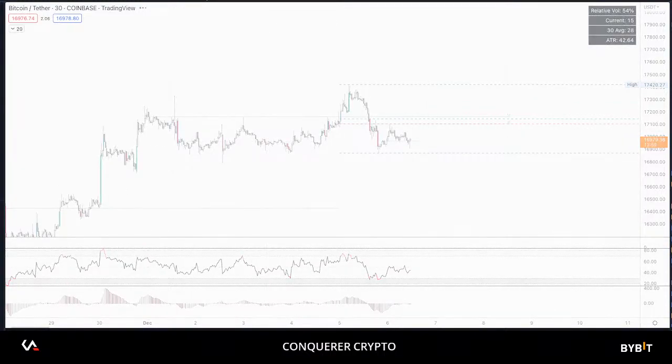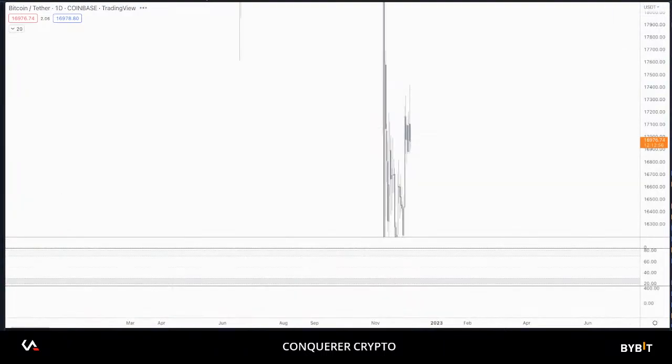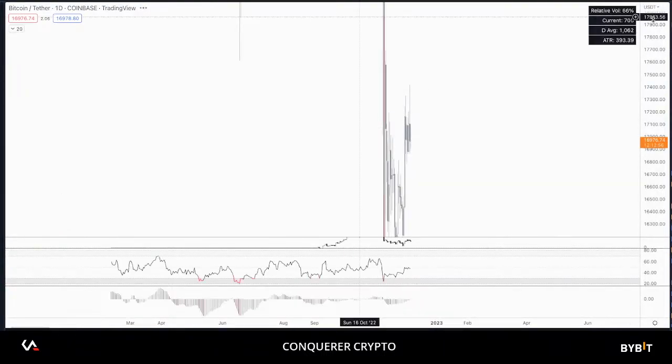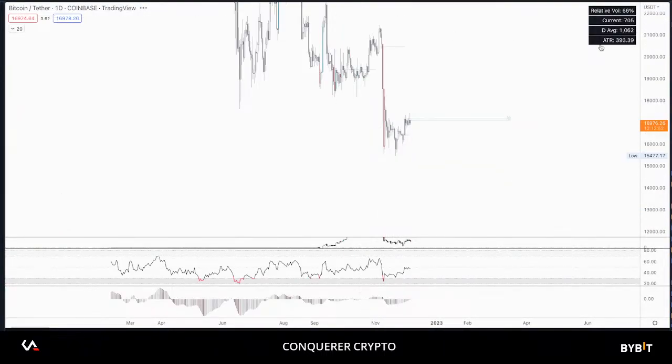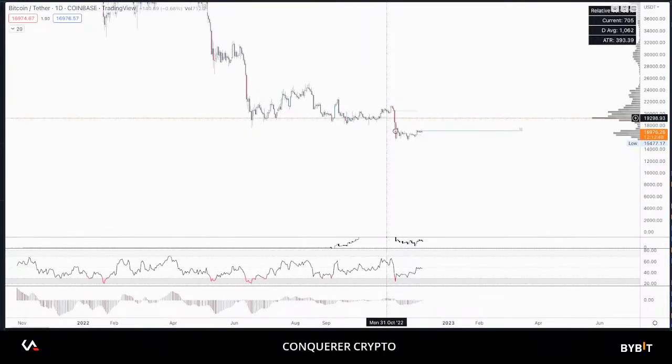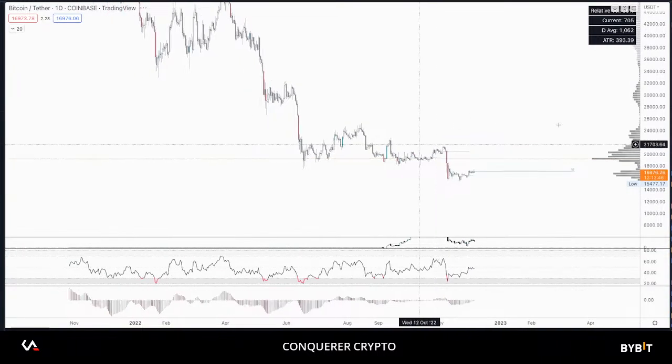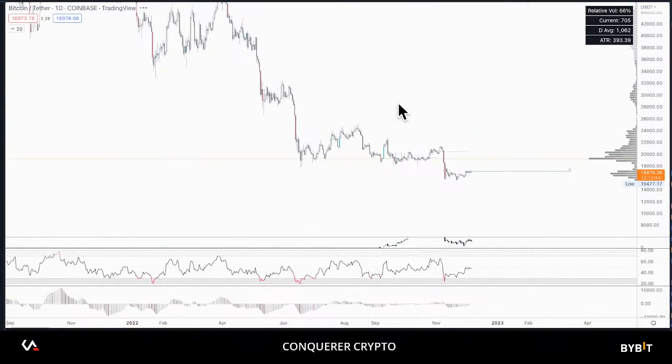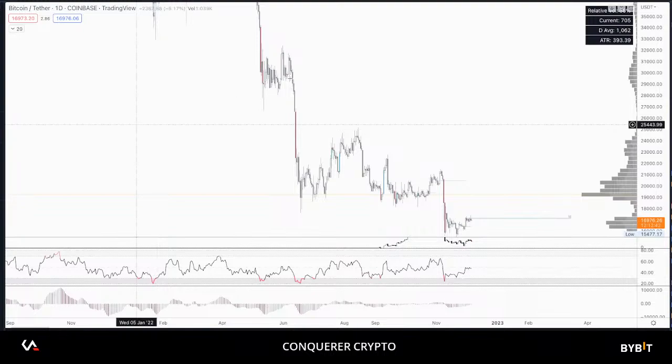Let's go from top down and see where we're at. Okay, so we can start from this. As you remember, after this fall, we've formed this range, right?